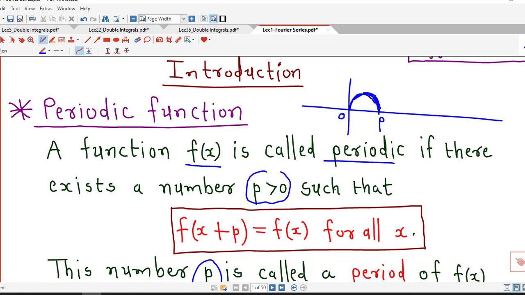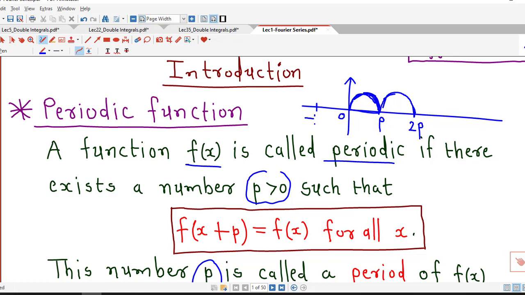Suppose this is the graph of f(x) in the interval of length p. Now if f(x) is periodic, then we must have f(x + p) = f(x). So if we consider another interval of length p, then the graph will be repeated in that interval. So periodic function means there exists a number p greater than 0 such that the graph of the function is the same in every interval of length p.